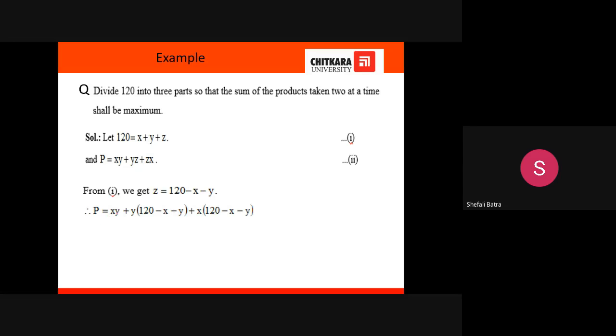P is equal to xy plus y times of 120 minus x minus y plus x times of 120 minus x minus y. So now take 1 minute and then evaluate px and py, equate to 0 and get the critical points. Whoever does it first, tell me, try it. Put px is equal to 0, find py and put py is equal to 0.